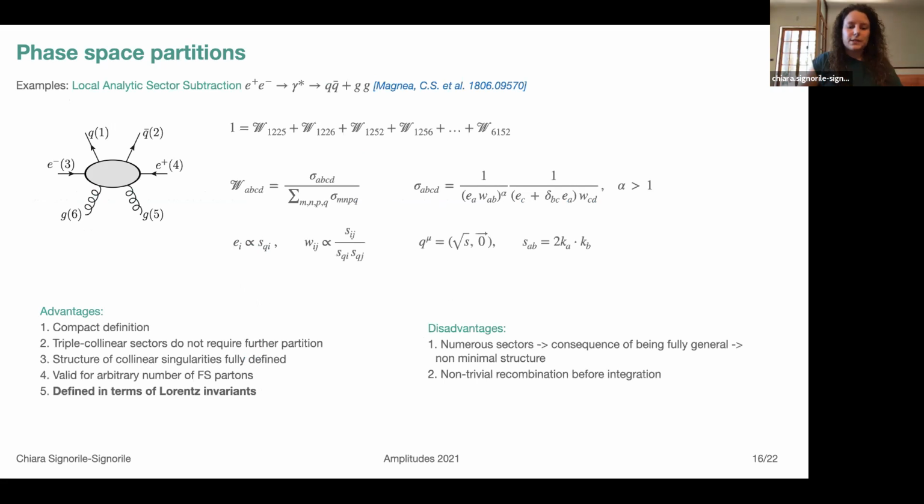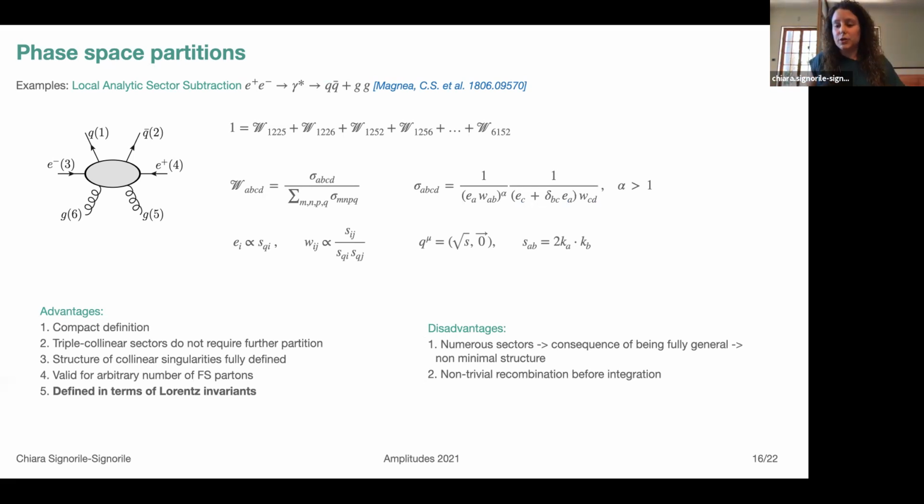On the opposite side, we have what was done by local analytic sector subtraction, and the idea here is to preserve Lorentz invariance, implementing a phase space partition able to be modeled on an arbitrary number of partons in the phase space. So this idea is really nice.